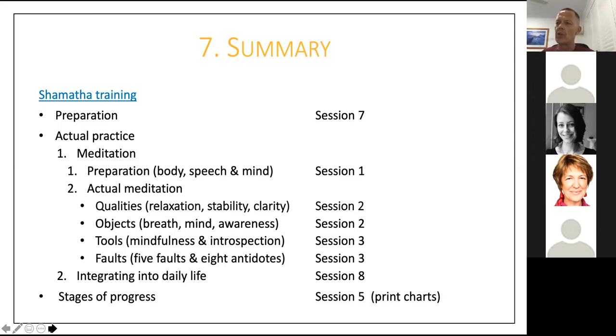We're going to look at the first 4 stages, because they're what's relevant for us at our level, and some practical advice about how to move through those stages and how to know where we are in the shamatha practice, how far we've gone in the practice. So that's some of the things that we covered today and we'll be looking at tomorrow.